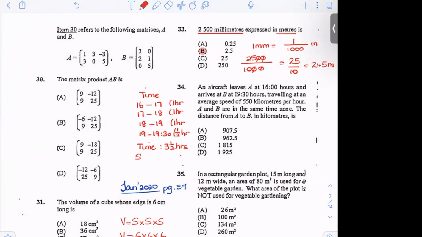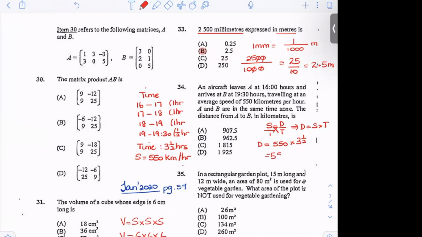The speed is 550 kilometers per hour. Speed is distance over time. So if we cross multiply, distance is speed multiplied by time. So the distance is 550 multiplied by 3.5. 3.5 is 7 over 2.